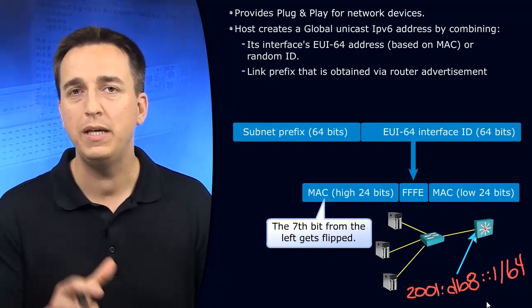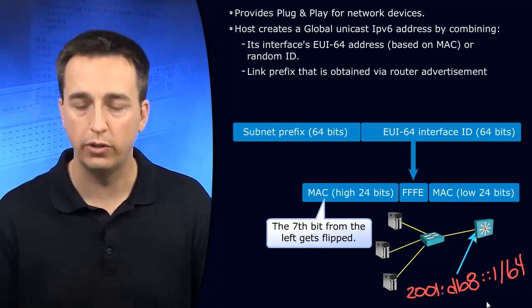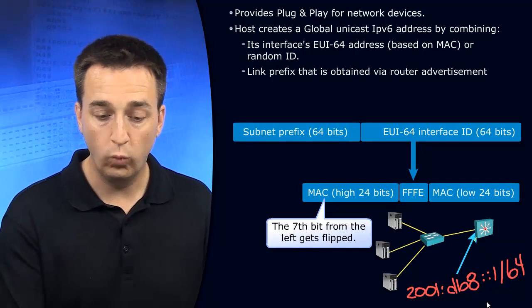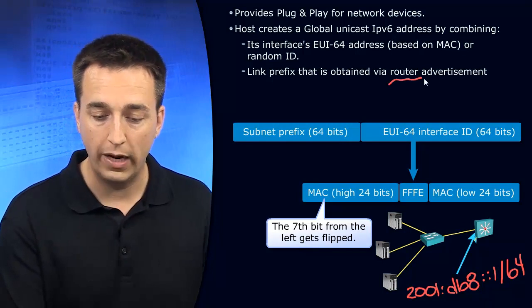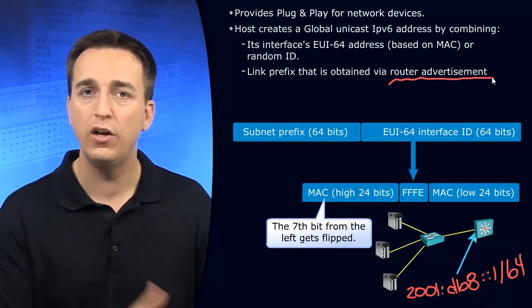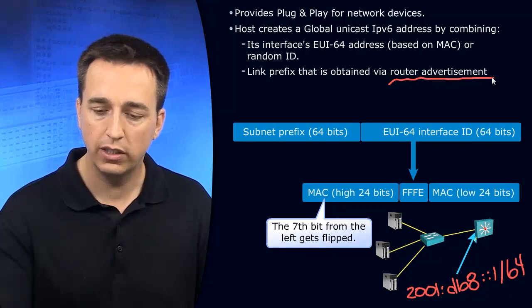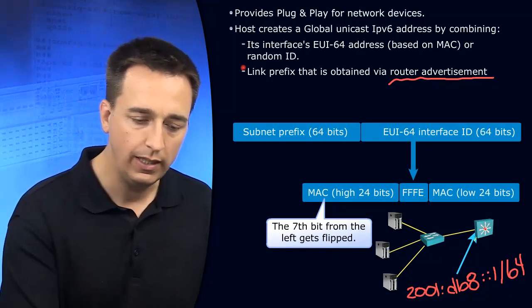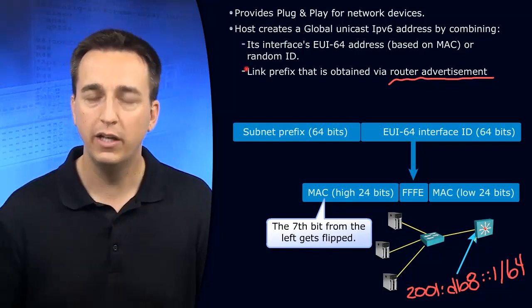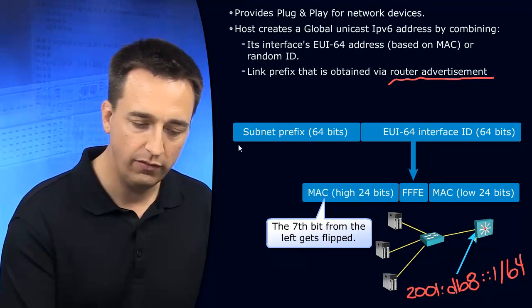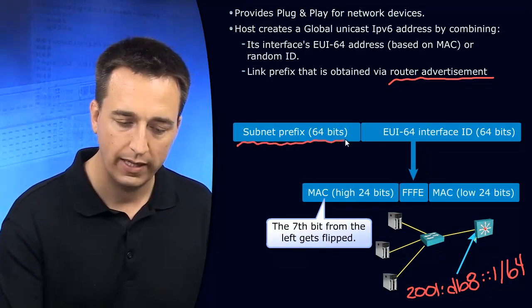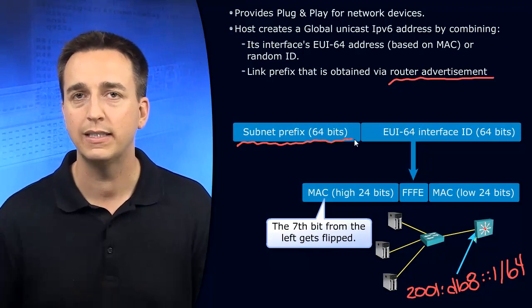And when IPv6 unicast routing is enabled, this interface will send out those router advertisements that are needed by those end stations to determine the link prefix. So the link prefix is the first 64 bits of that IPv6 address.